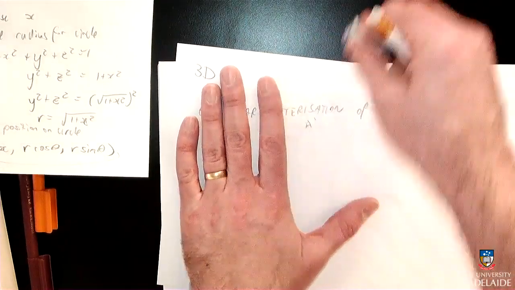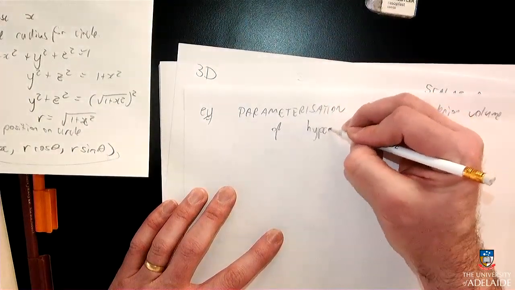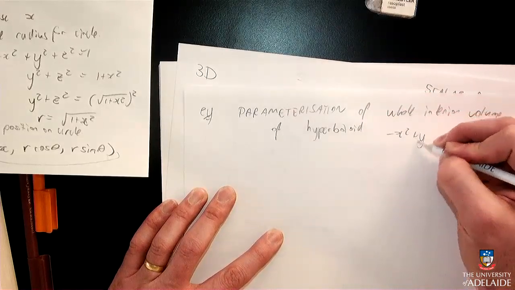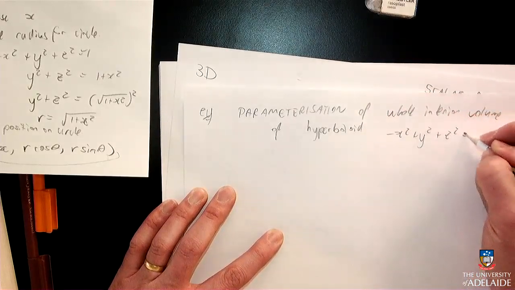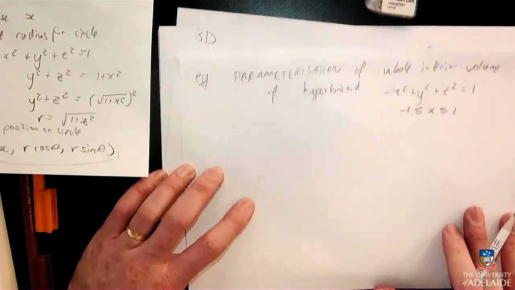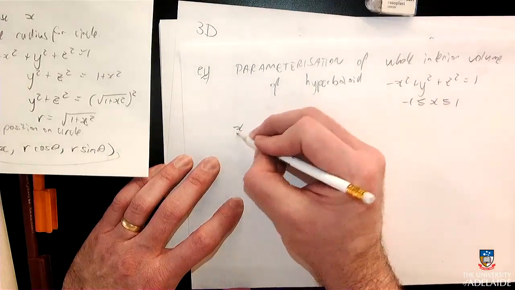Parameterization of the whole interior volume of my hyperboloid. Minus x squared plus y squared plus z squared equals 1 for x between minus 1 and 1. Well, we had this.